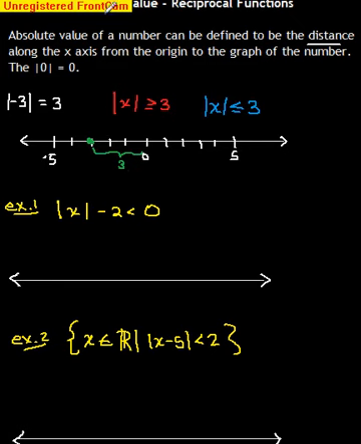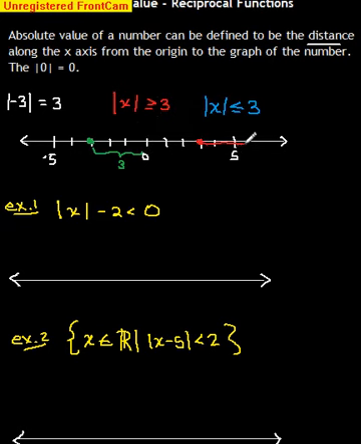Now in this lesson we're going to do absolute value inequalities. So they want to know what numbers, absolute value of what numbers are greater than 3. Or we can say what numbers are more than 3 from the origin. So I'm going to do this one in red. So if the numbers are going to be more or equal to 3 from the origin, here's the origin, so we would go 3.